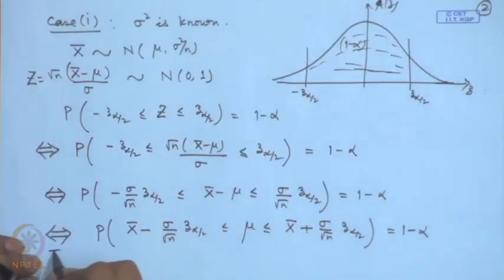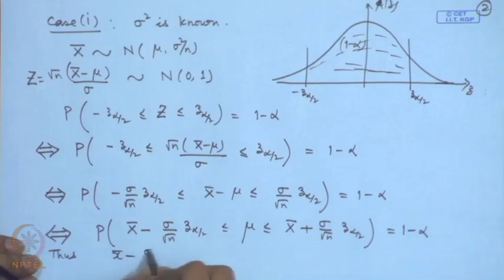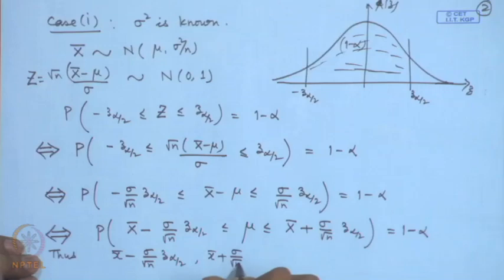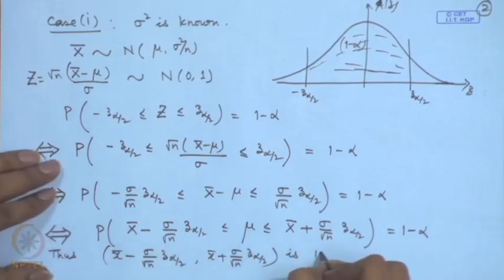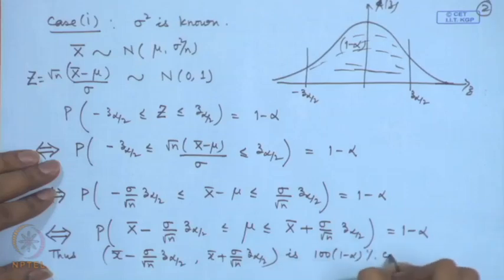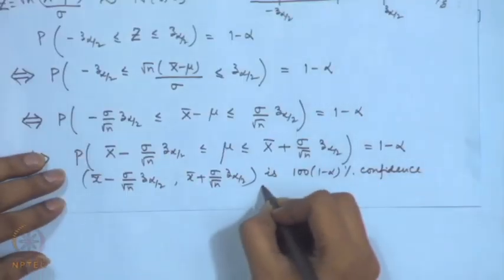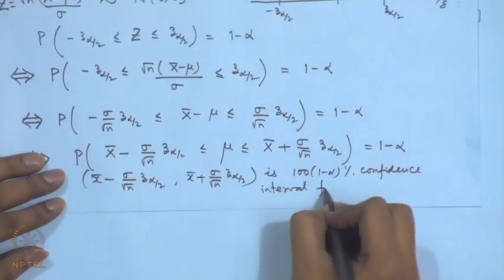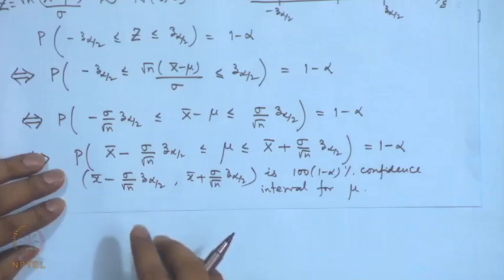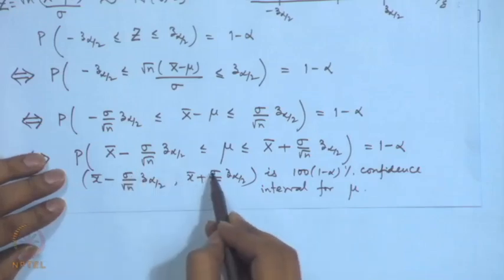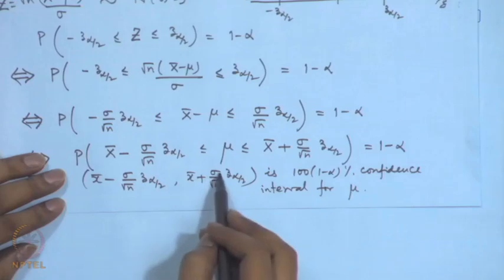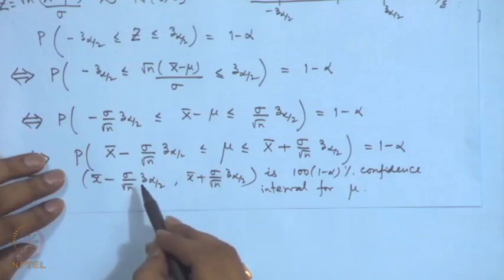So, x bar minus sigma by root n z alpha by 2 to x bar plus sigma by root n z alpha by 2 is now a 100 into 1 minus alpha percent confidence interval for mu. Naturally, here sigma is known, but when sigma is unknown, then we cannot utilize this as the confidence interval. So, let us consider that case now.